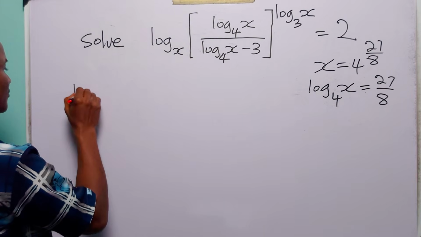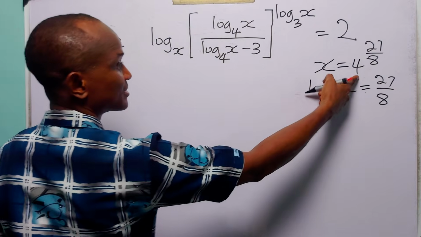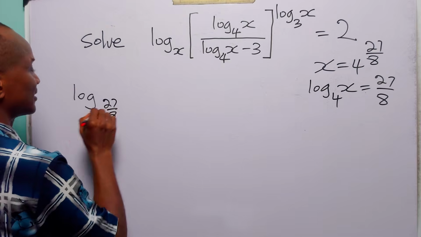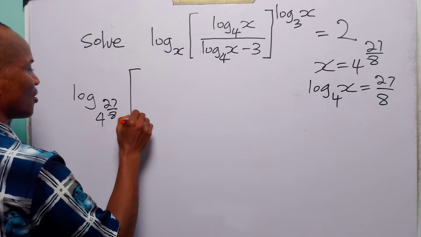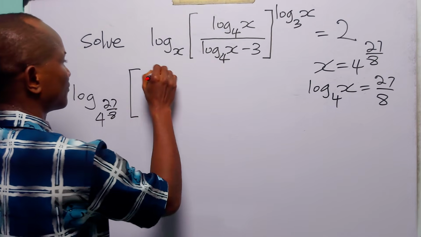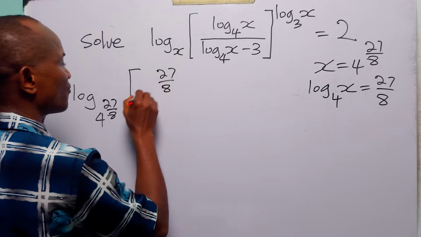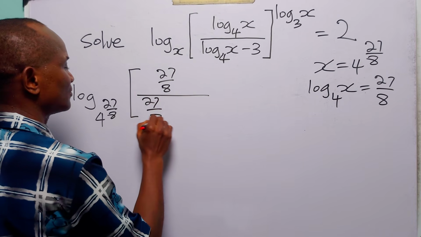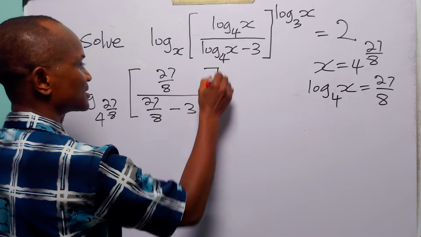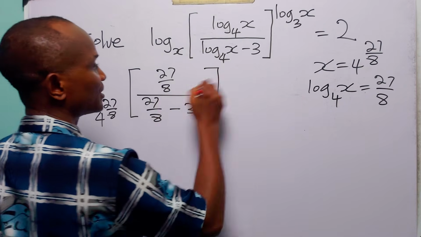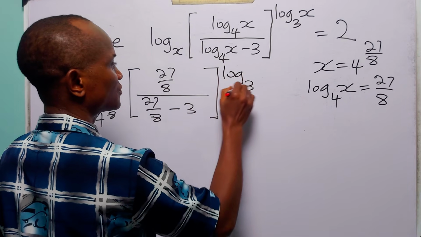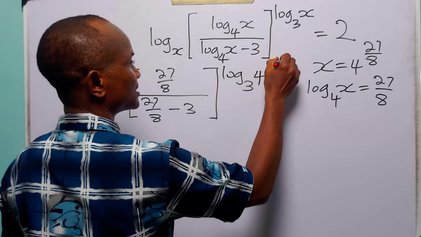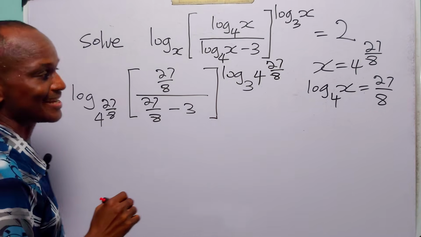We have log to base 4 to the power 27 over 8 of 27 over 8 divided by 27 over 8 minus 3 to the power log to base 3 of 4 to the power 27 over 8.